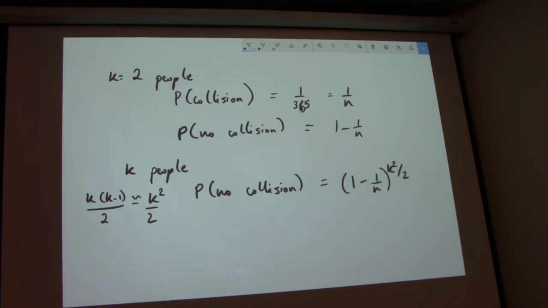So if I were to plug in values, if n was 365 and k was 23, then this actually comes out to be 0.997 to the power 253, and this value is like 0.467. You can calculate it, you'll see it's something similar. That is for k equal to 23. Right?